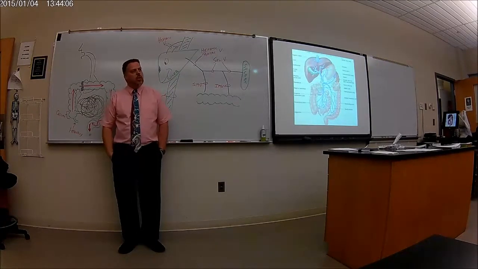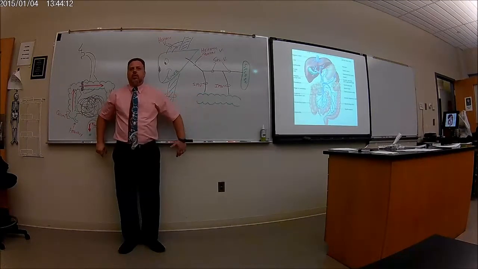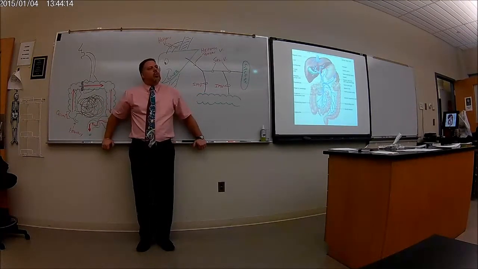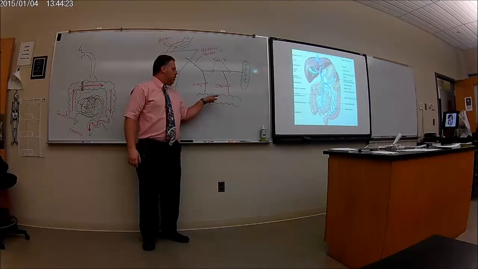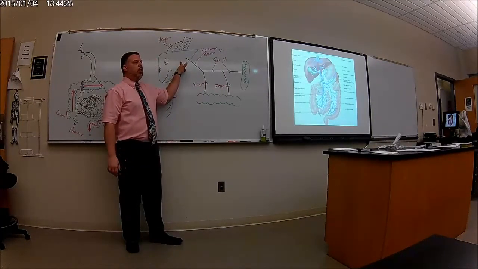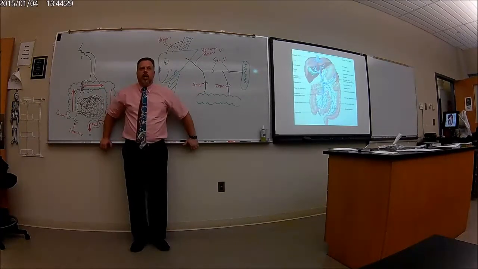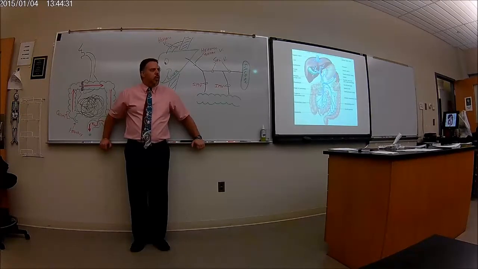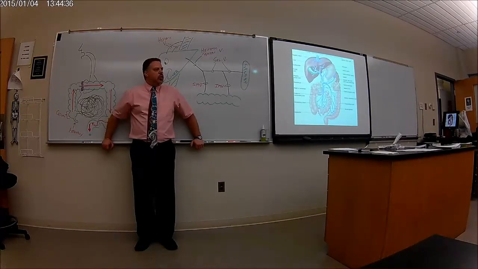Not a trick question. Deoxygenated, okay? But we have food and nutrients in the intestines that need to go to the liver to get detoxified and broken down further. So now we have food that needs to go from here to here. So the intestines have this little issue. How's it going to get over there? Because the veins already have deoxygenated blood there.